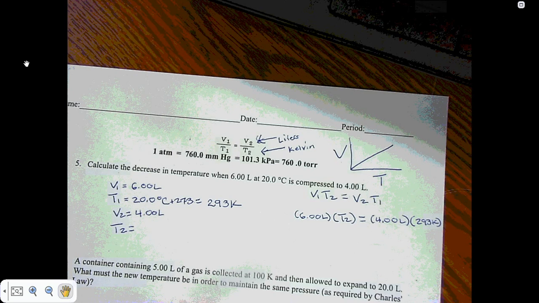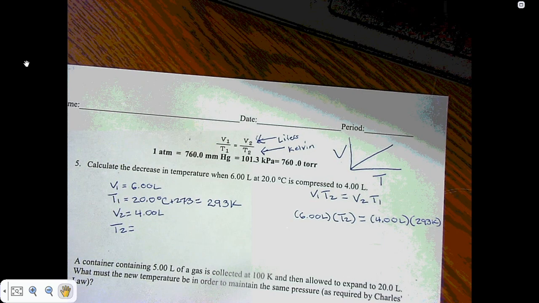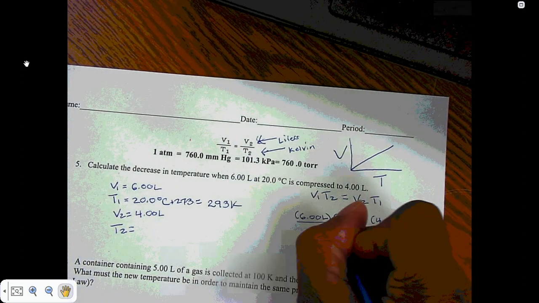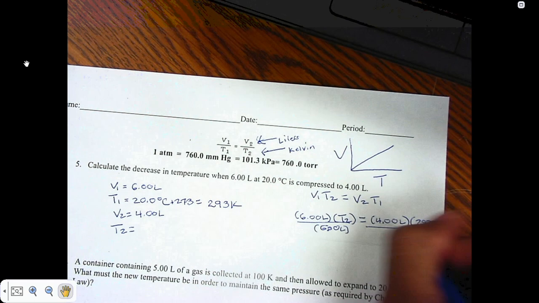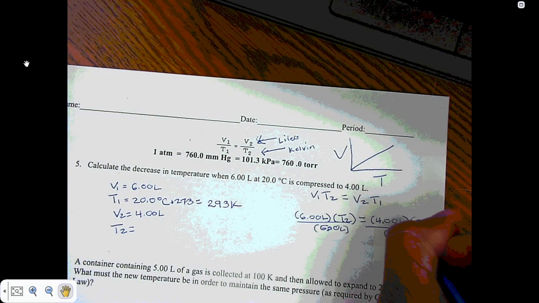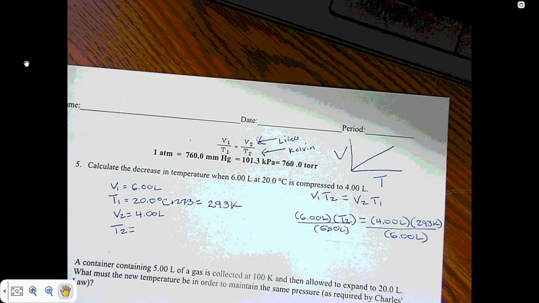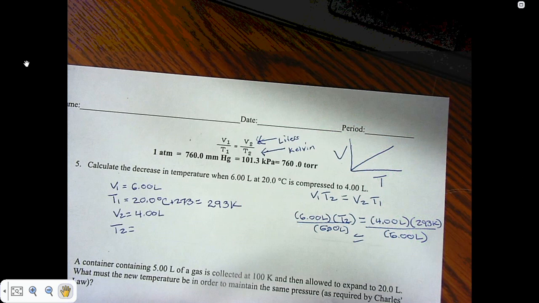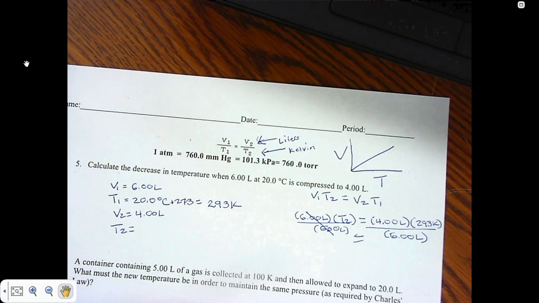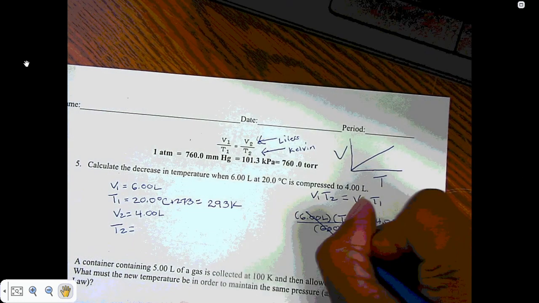So, from there, divide both sides by 6 liters and solve. This cancels out, so our product is going to be equal to T2.